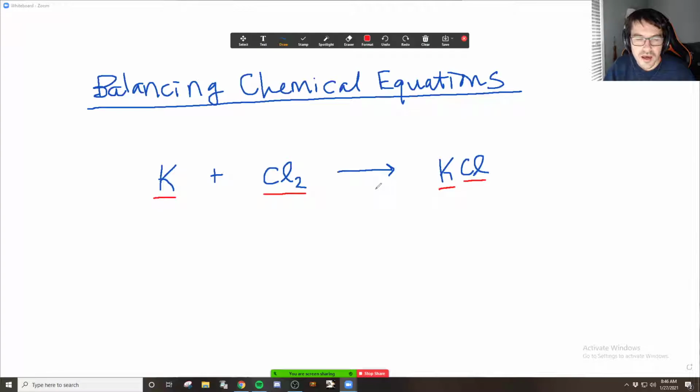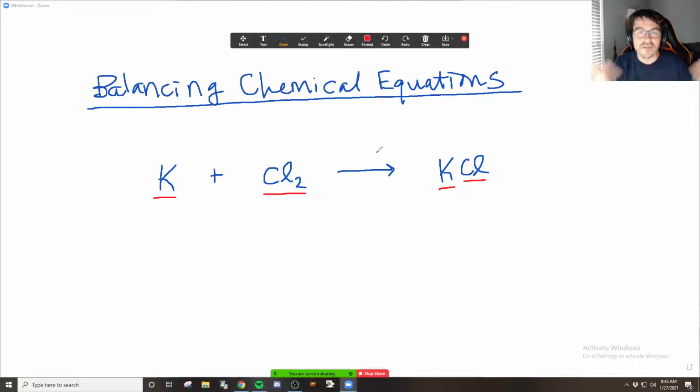Okay, why is this important? Like, why can't it be unbalanced? Why do we have to balance it? Well, there is this thing called the law of conservation of mass. Okay, and what that says is that you can't create or destroy mass, or in this case, atoms. You can't just create or destroy them. You can move around their orientation, you can change their configuration, such as in a chemical reaction, okay?